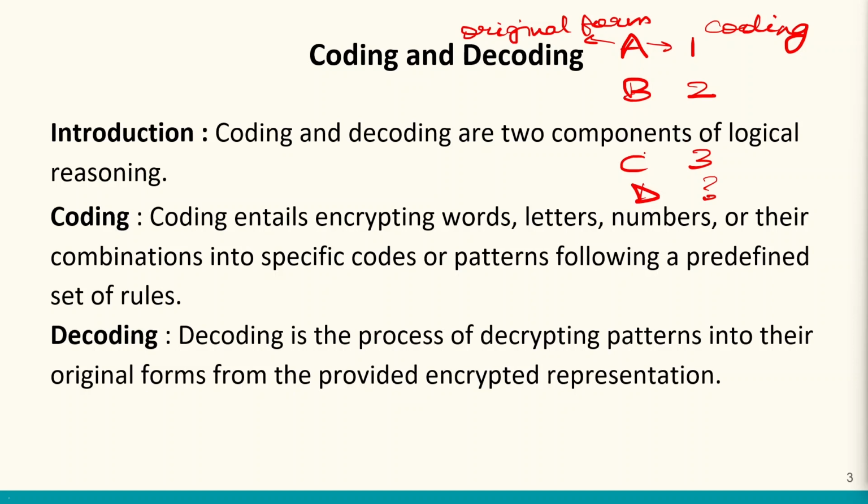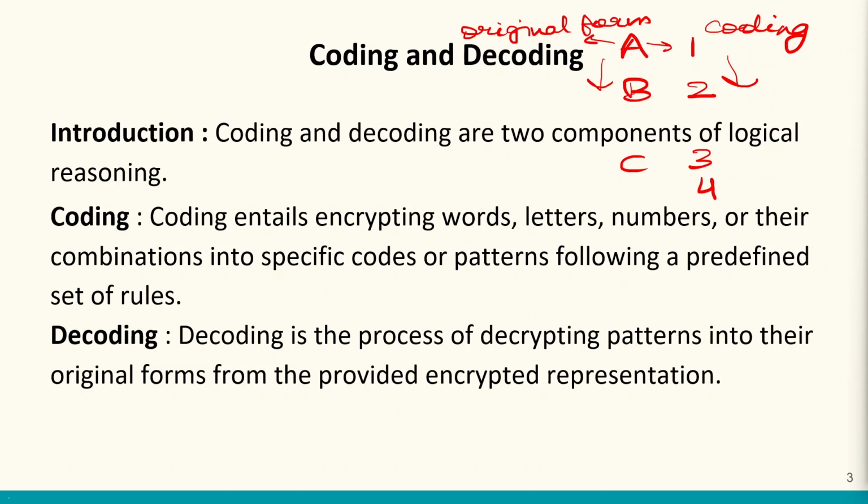What do you mean by decoding? If I say I have 4, what will be the alphabet corresponding to 4? In this case, I have to find the logic that is being followed. If 1 is represented as A and 2 is represented as B, that means I am going in ascending order of numbers and also in ascending order of alphabets.